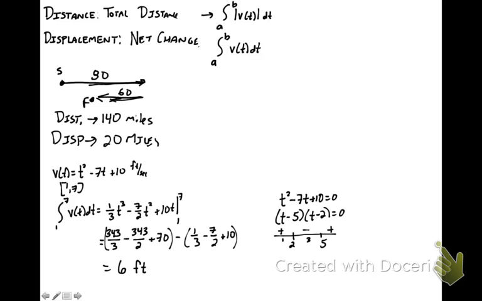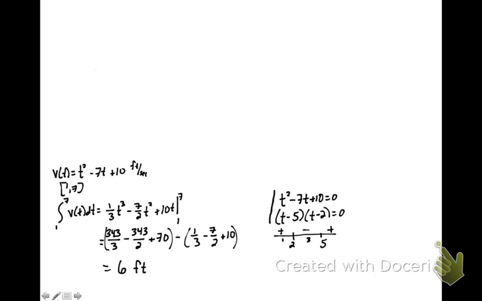I should have given myself a little more space here, so let me clear this out a little bit. So I've given myself some room up here, and I'll look at the integral from 0 to 2 of my function, which was t squared minus 7t plus 10 dt.